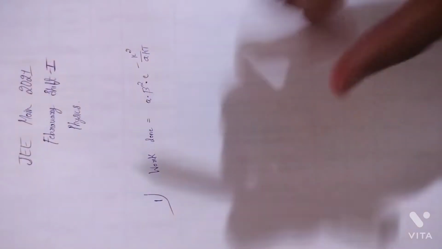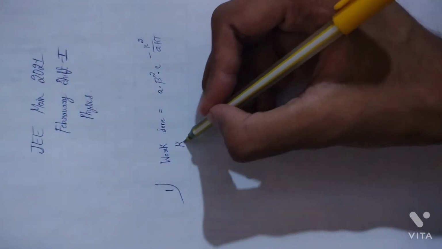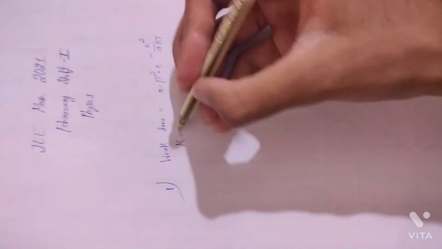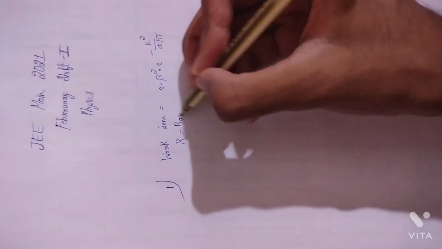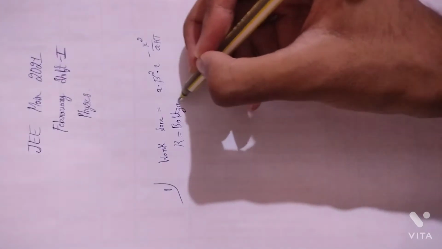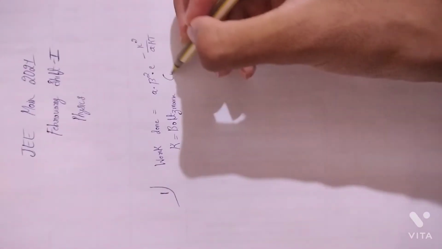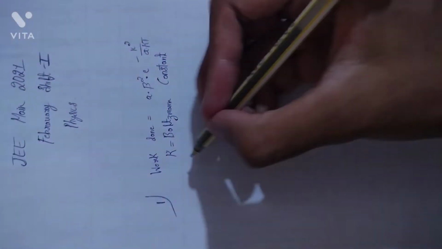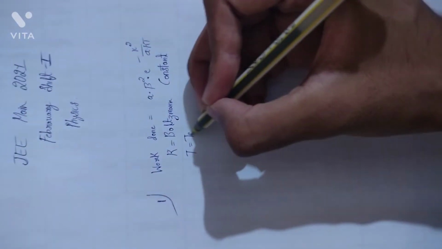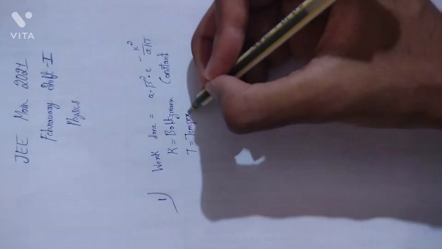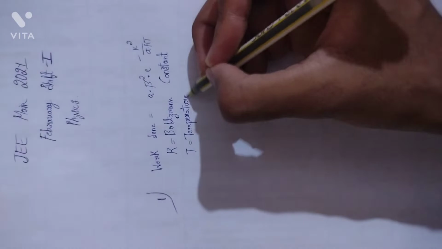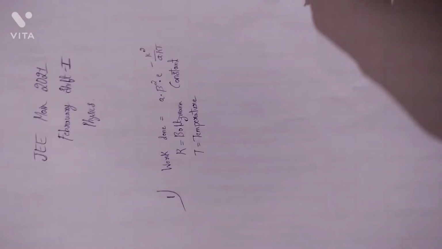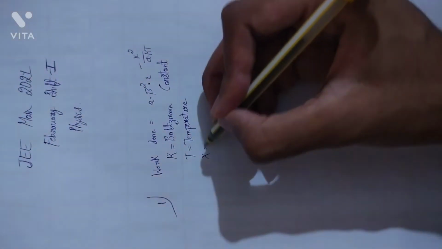They have given K, the Boltzmann constant, T is temperature, as you know, and X is the displacement.